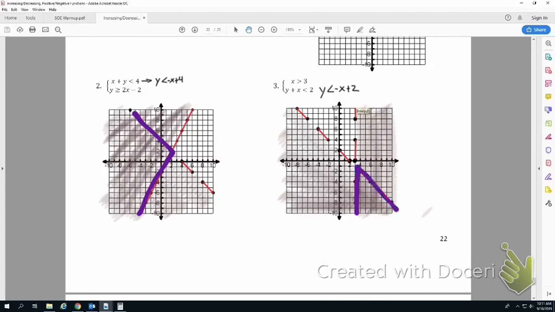So there's the area where the feasible region would be on that one. Hopefully you got that little corner down there on the bottom right. Once you're done with that, go ahead and turn to the next page.